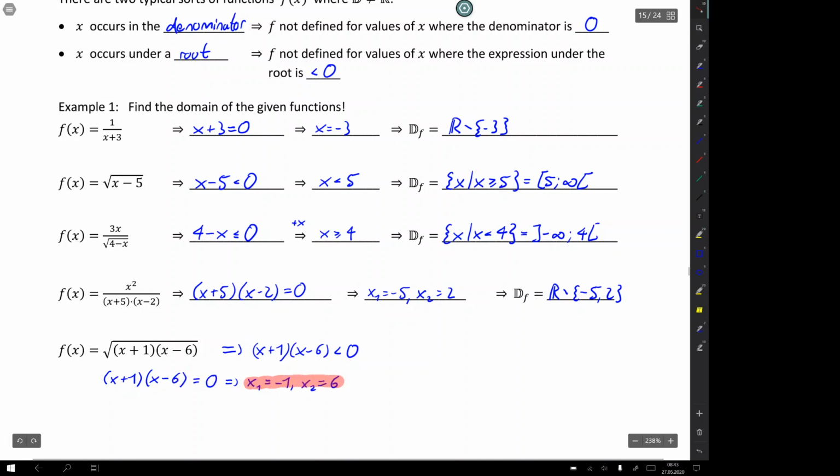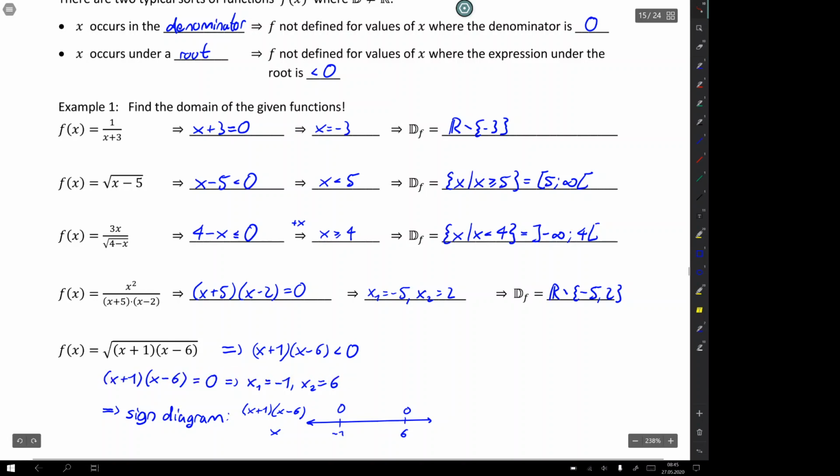We get these two results, and now we use the sign diagram, which means we draw the number line here, and below the line we mark the values of x, and above the line the values of the expression x plus 1 times x minus 6. We start by marking those x where the expression is 0. We found before that for x equals minus 1 and x equals 6, the expression is 0. That's what we found here.